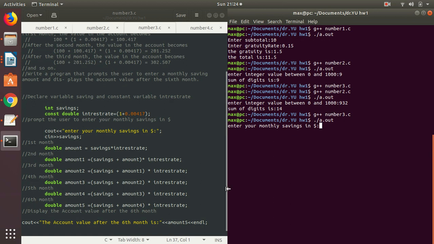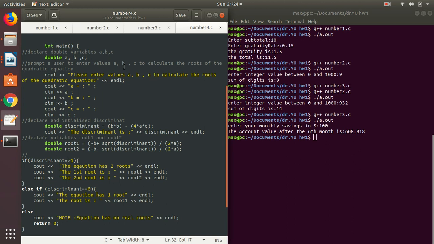The sample is 100 dollars. So if it's that, after this 6th month, the value on the account will be 608.818. Okay, so we go to number 4.